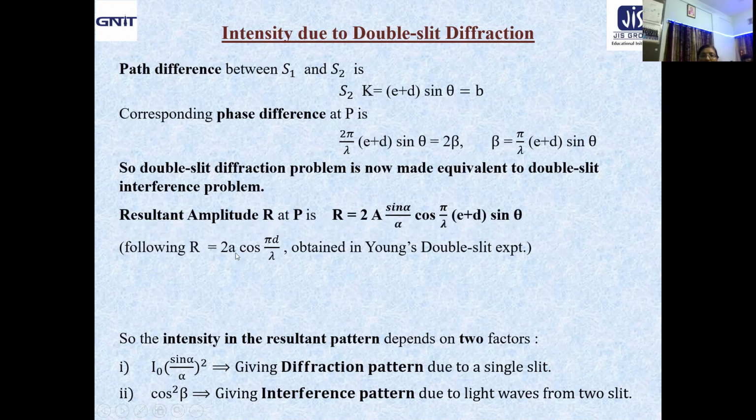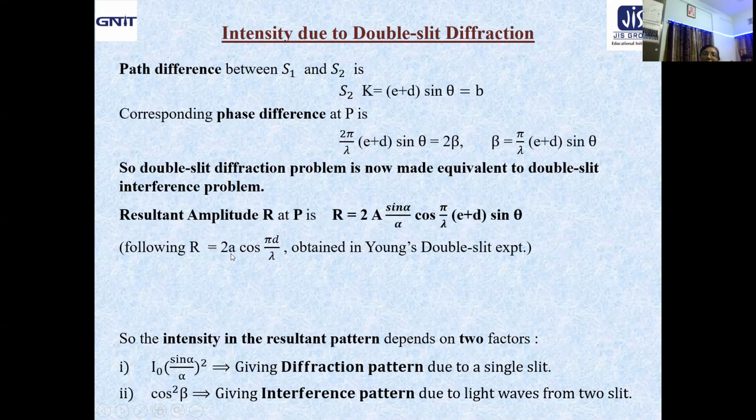Just take a look. It is given by 2A sine alpha by alpha cos of pi by lambda into (e plus d) sine theta. From where did we get it? Just follow the resultant amplitude you obtained in Young's double slit experiment. That was 2a cos pi d by lambda. I think all of you can remember.